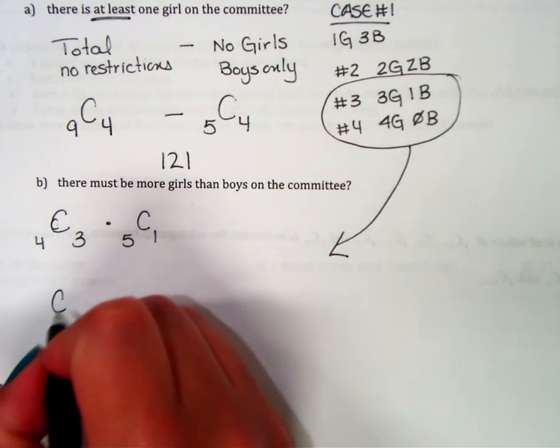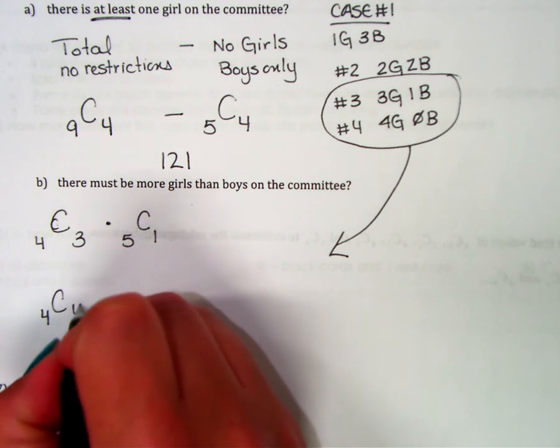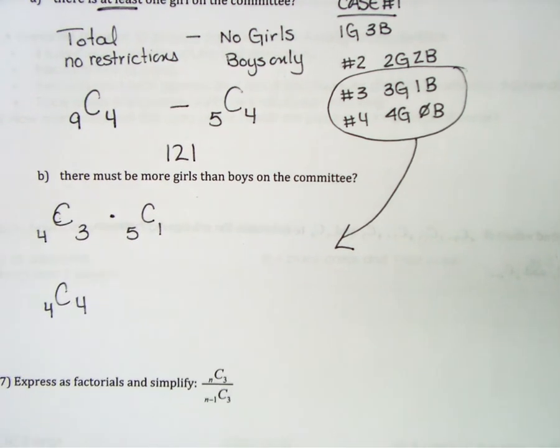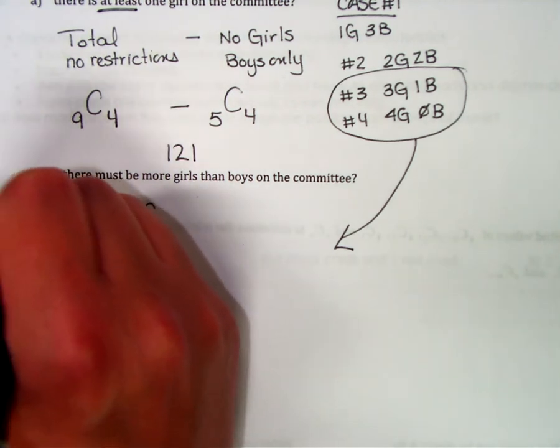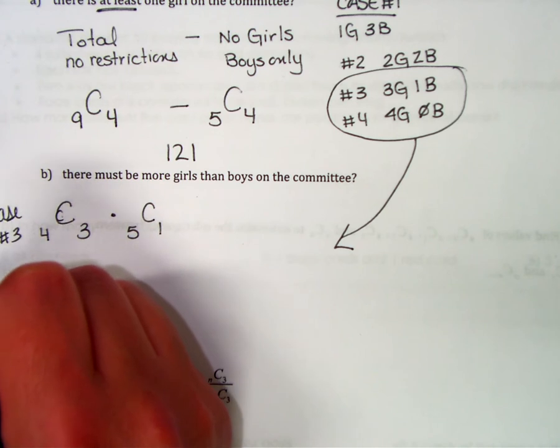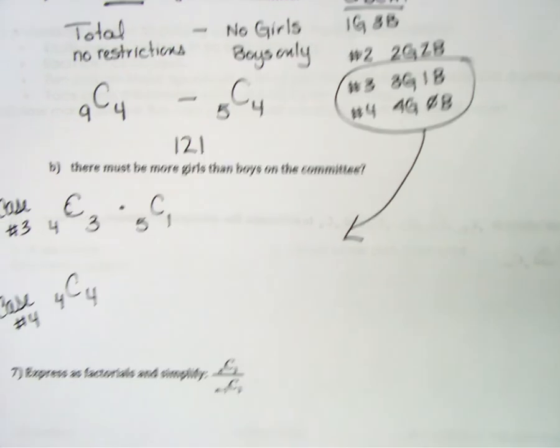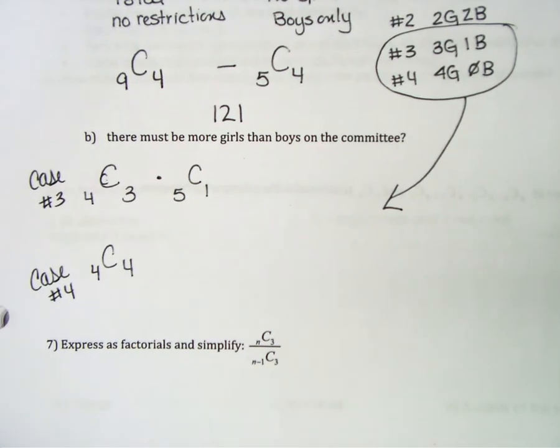For case 2, we'll have 4 girls and we'll choose 4. This is case 3 and this is case 4, from that above list that we were working on before.